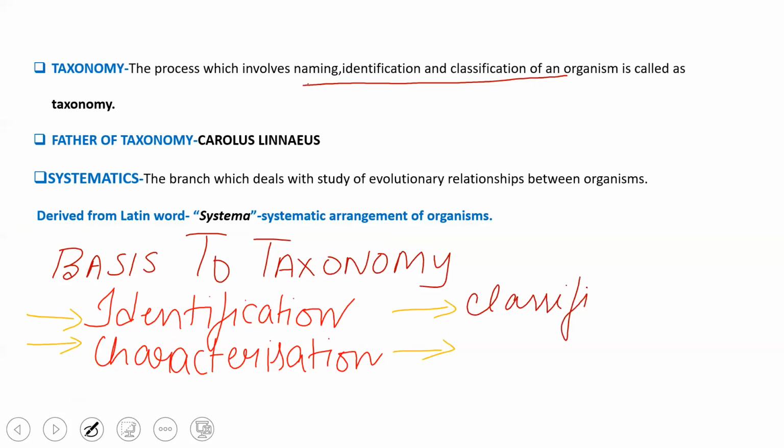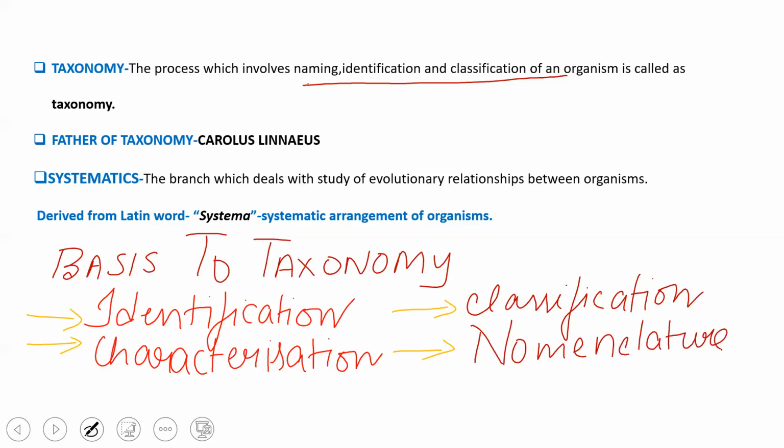After classification, finally the organism is named, that is nomenclature. So these are the four important processes, which are also called processes in the branch called taxonomy.